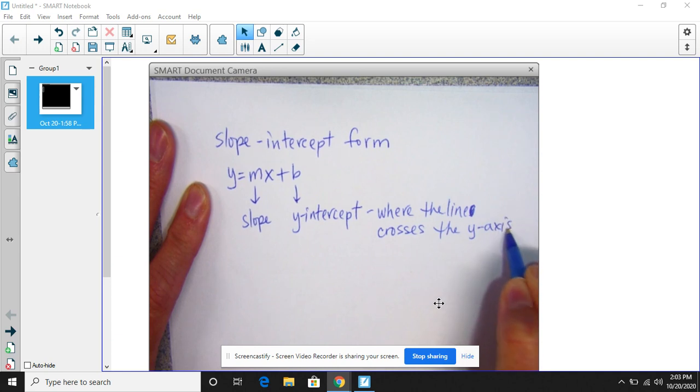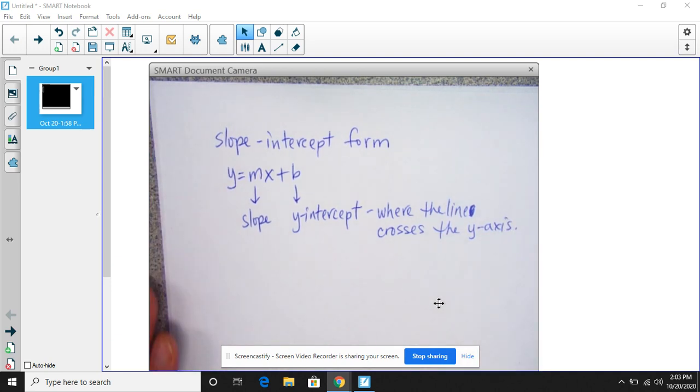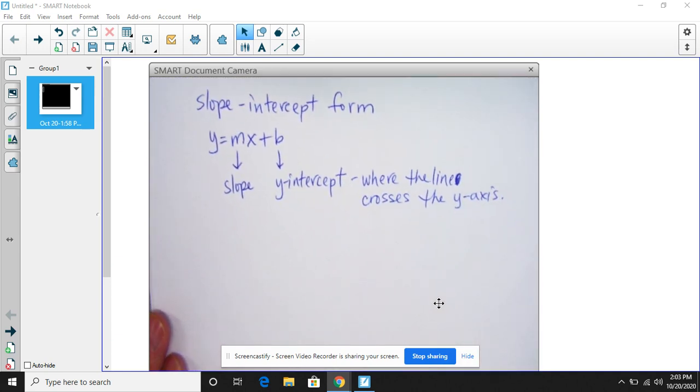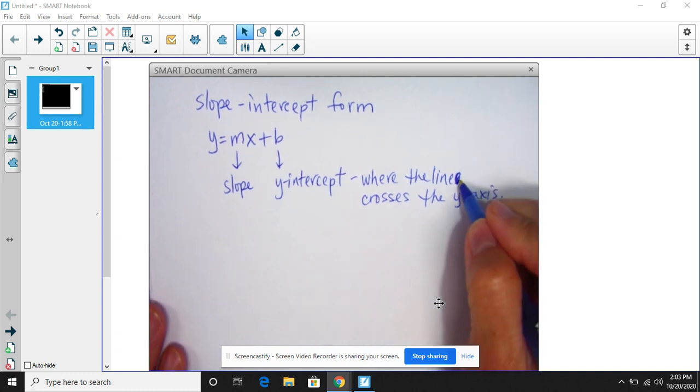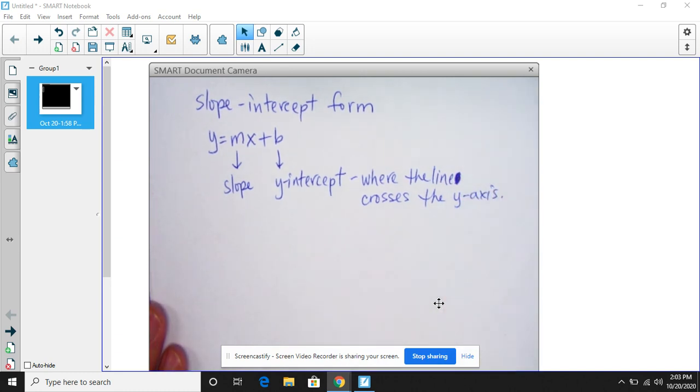I think I said x, sorry. It's the end of the day. And this, again, is in your notes. I probably shouldn't have rewritten it, but I did.